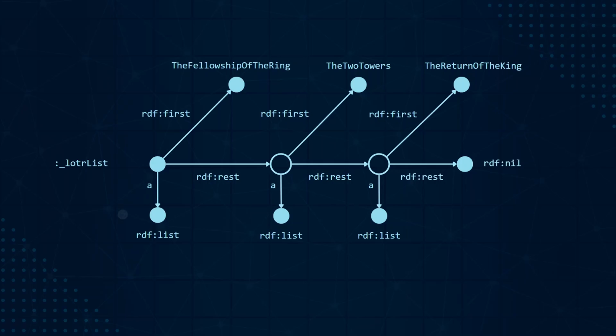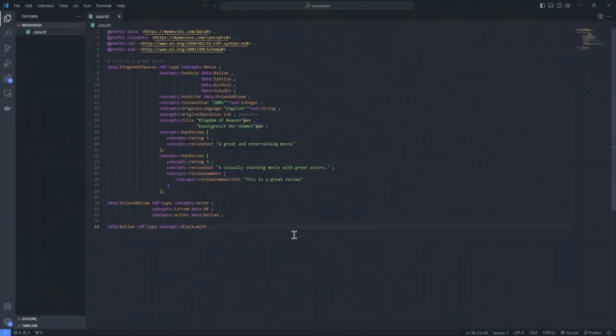Now I will show you how to define this structure in Turtle syntax. Let's start by defining the Lord of the Rings trilogy first. So we define the subject Lord of the Rings trilogy, and we can assign a type to it.